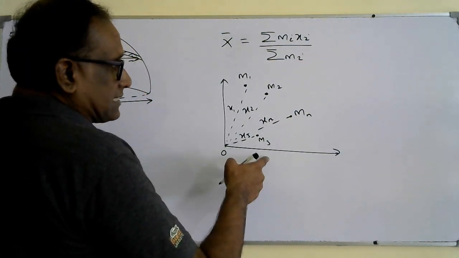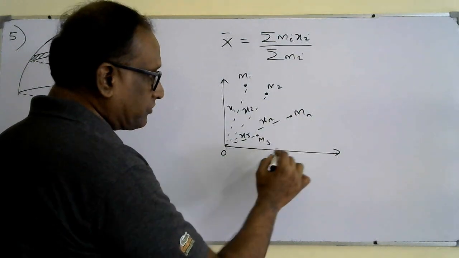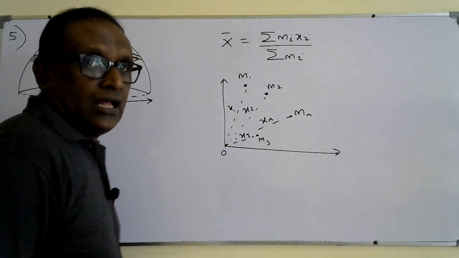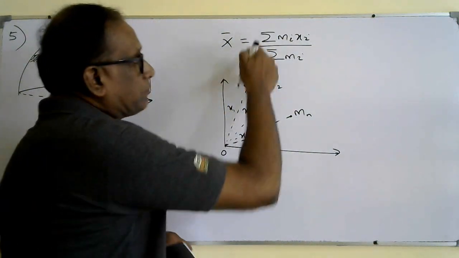So how do we define the center of mass? By using this definition. The center of mass of the system of these particles or objects is given by sigma mi xi.